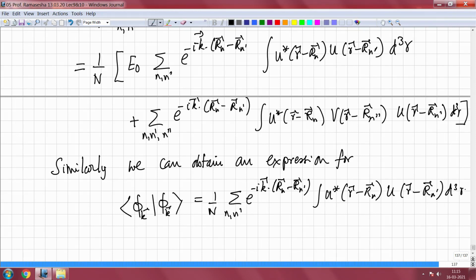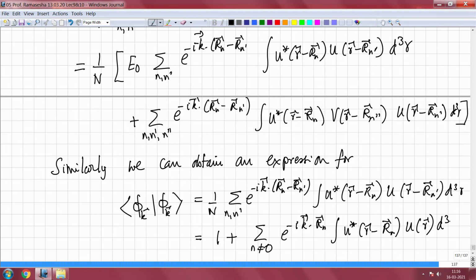d cubed r, and it can be actually written as, because the n will cancel against one of the summations over the entire lattice, because when you sum over the entire lattice you get the number of lattice points. So, that will cancel this, and so what you will have is only the following: 1 plus sigma over n not equal to 0, e to the minus I k dot r n, integral u star (r minus r n) u (r) d cubed r.